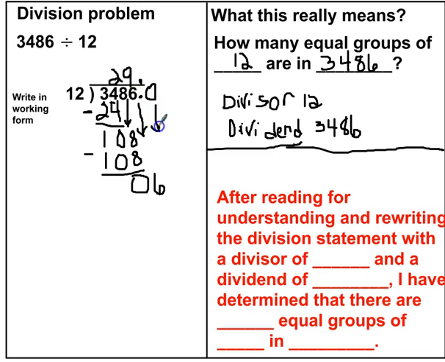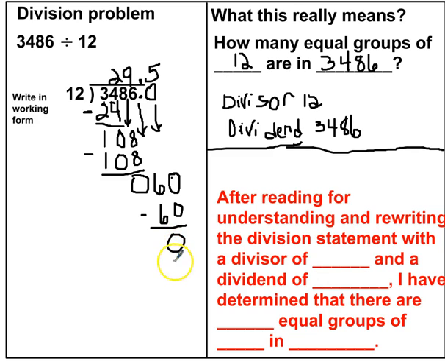I'm going to bring that 0 down. And 12 goes into 60 5 times. 5 times 12 is 60. And your remainder is 0.